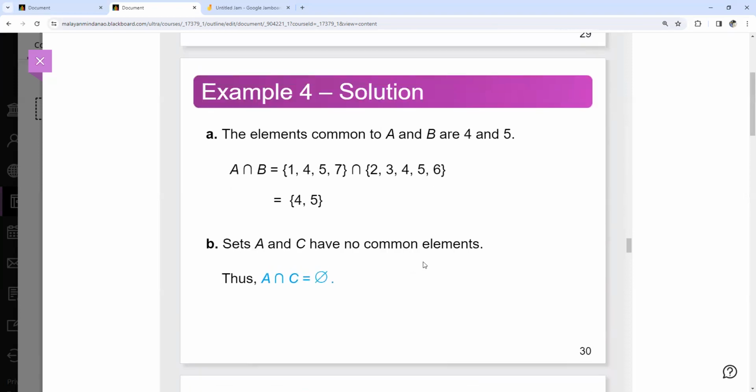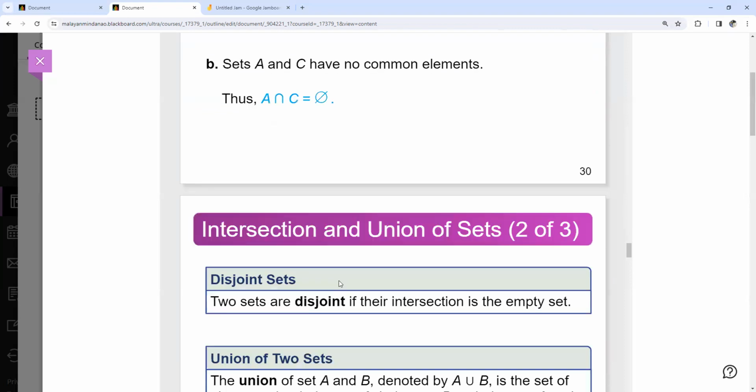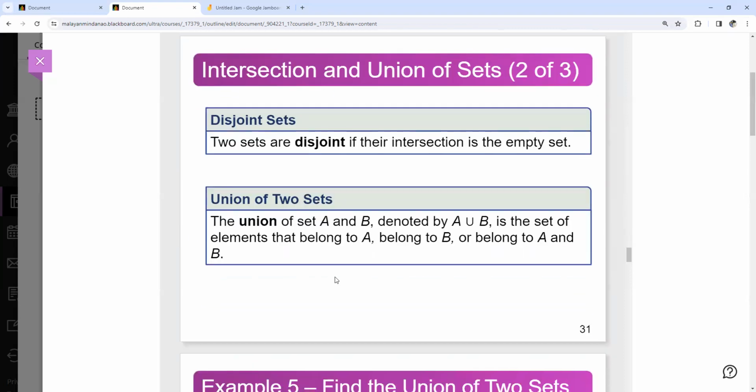A and C have no common elements, so their intersection is the empty set. When the intersection of two sets is the empty set, you can say that both sets are disjoint.